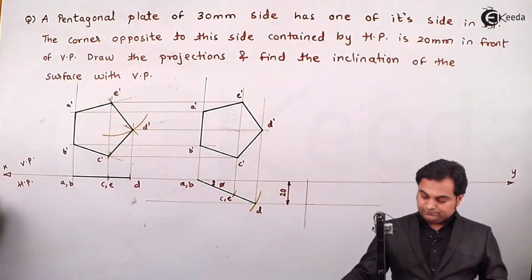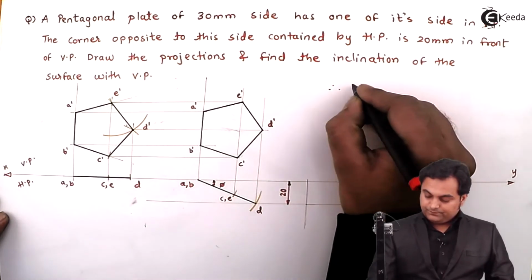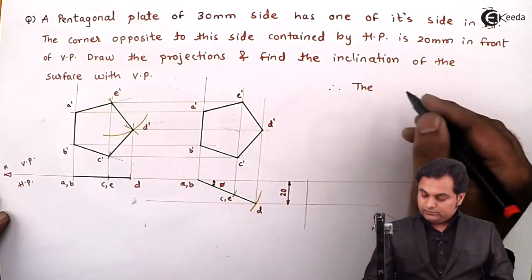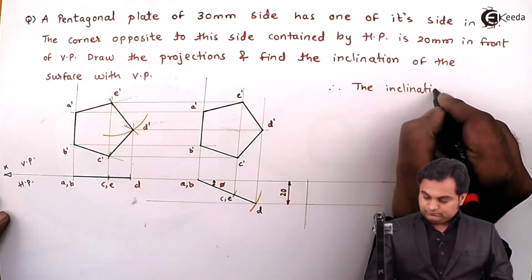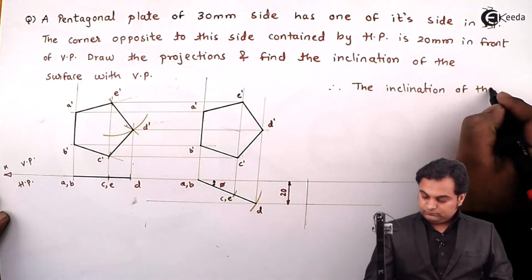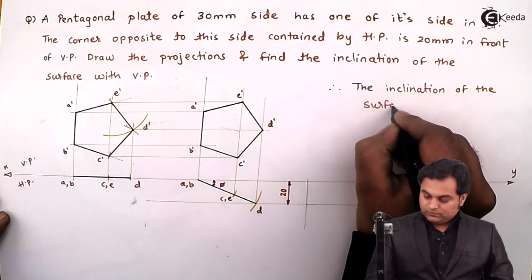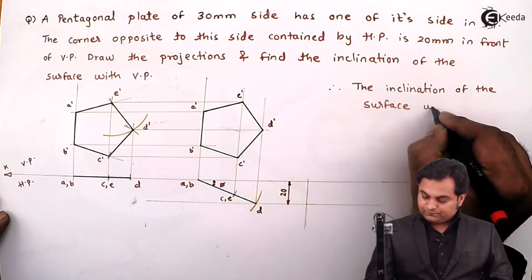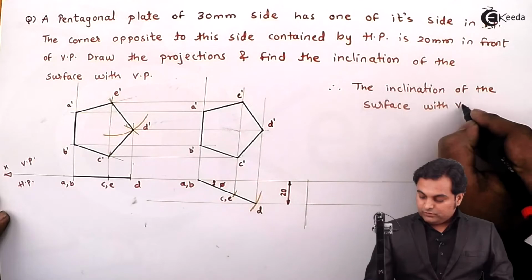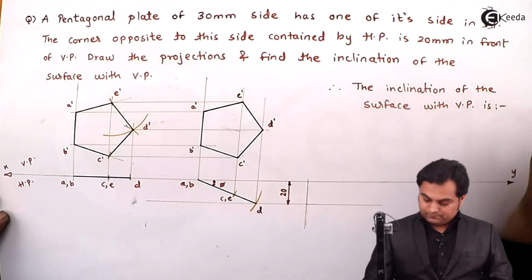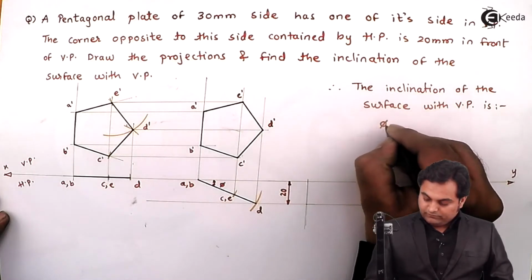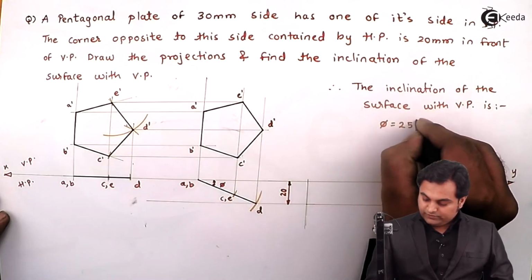So I'll write down, therefore the inclination of the surface with VP is phi is equal to 25 degree.